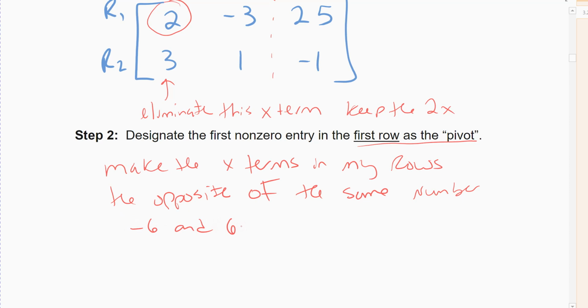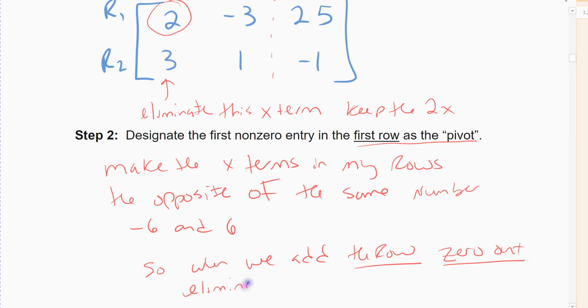So 2 goes into 6, 3 goes into 6, and so I need to make one of my x values a 6, one of my x values a negative 6. So when we add the rows, because it's like adding our equations, that will zero out, eliminate that x term that I don't want, right? The 3 is the one I want to eliminate. I'm going to keep the other one, but I'm going to eliminate the 3x. All right, and that's in words what we're going to do.